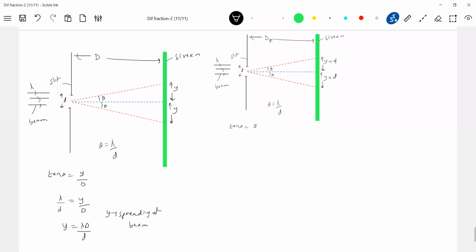So how to define the Fresnel distance? The symbol Fresnel distance.